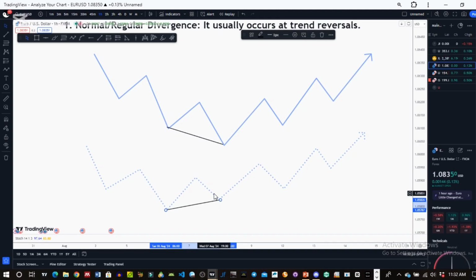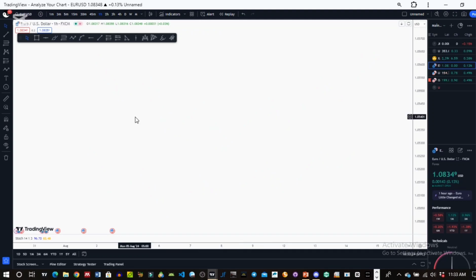And most times, when used in combination with chart patterns and technical analysis, normal bullish divergence is actually convergence in some sense.